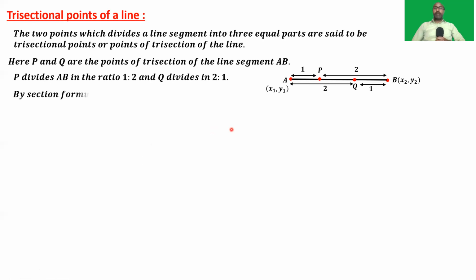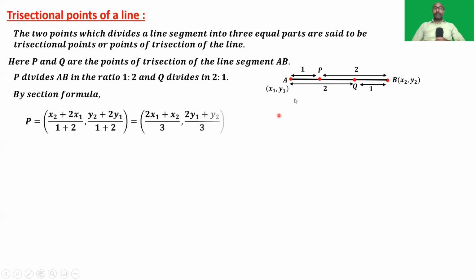Then by section formula we can write P is equal to, so P is dividing AB in the ratio 1:2. The point which divides AB in the ratio 1:2 is mx2 plus nx1 by m plus n and my2 plus ny1 by m plus n. Here m is equal to 1 and n is equal to 2. So mx2, that is 1 into x2 plus nx1, 2 into x1 by m plus n, that is 1 plus 2.